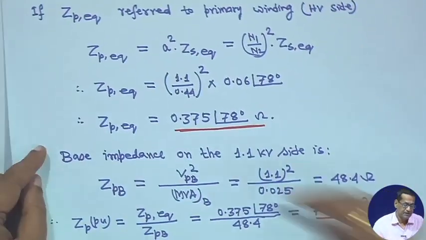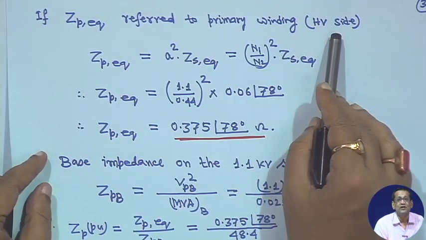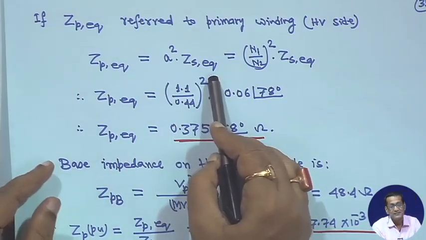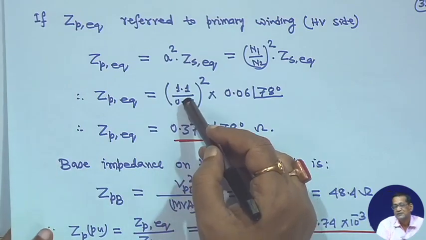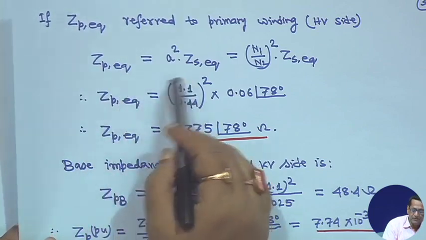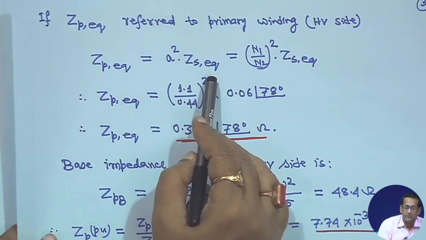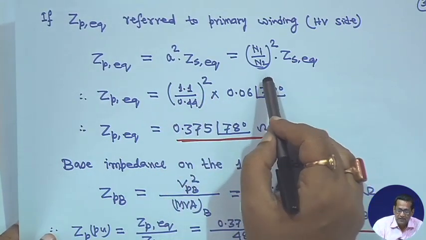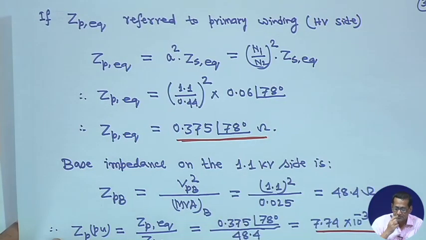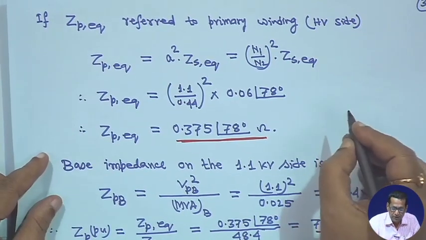Similarly, ZP EQ referred to the primary side, that is the high voltage winding at 1.1 kV, that is 1100 volt, will be S square ZS. We have just seen from the per unit equivalent circuit derivation that ZP is equal to S square ZS. So, here I write ZP EQ is equal to S square into ZS EQ, that is N1 upon N2 whole square into ZS EQ, where 1 is to a is equal to N2 upon N1.